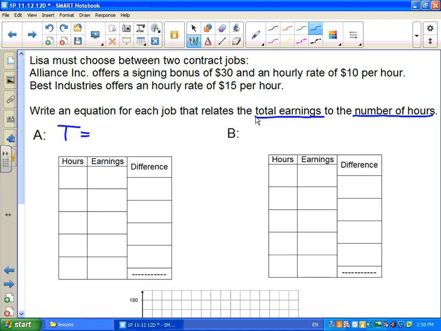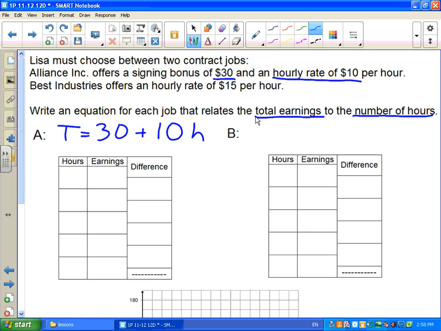For Alliance, we've got two numbers, $30 and an hourly rate of $10 per hour. She gets that $30 no matter how many hours she works, $30 right off the top. Then to this, we add $10 for each hour, so 10 times the number of hours that she works. There's our equation: T equals 30 plus 10H.